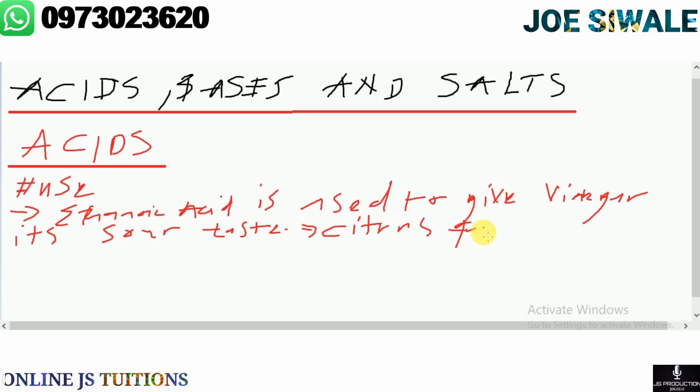Then we also know that citrus fruits such as oranges, lemons, and grapes contain citric acid.